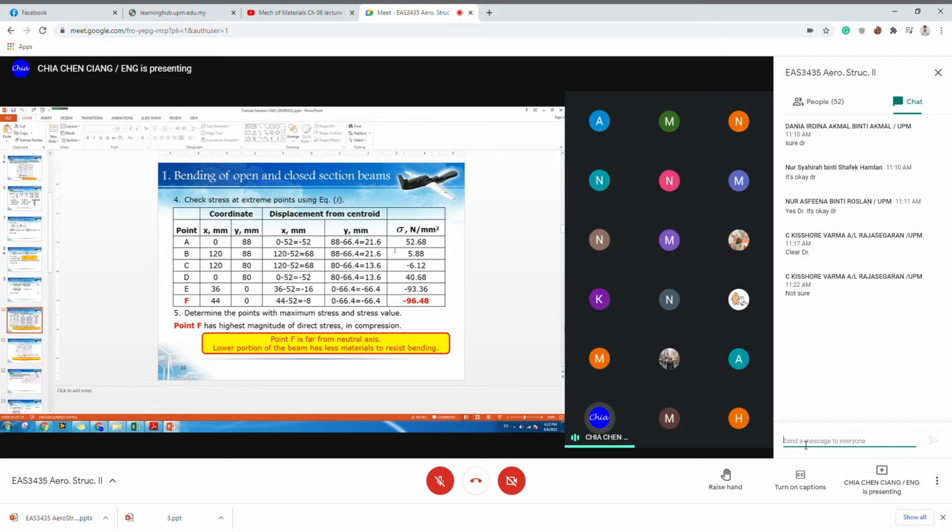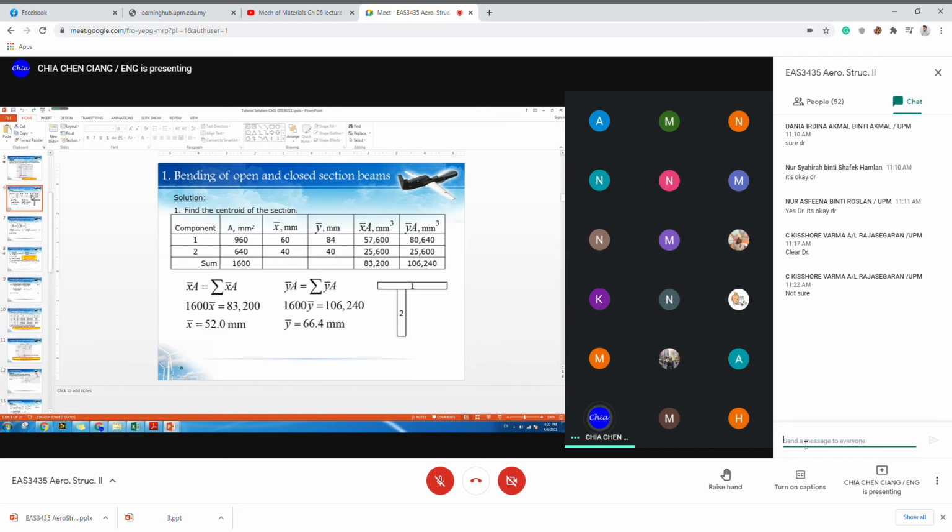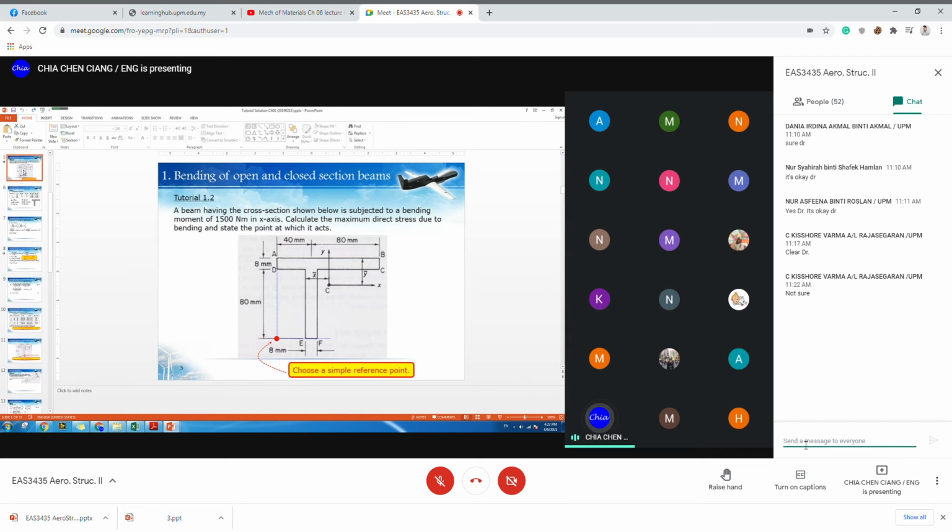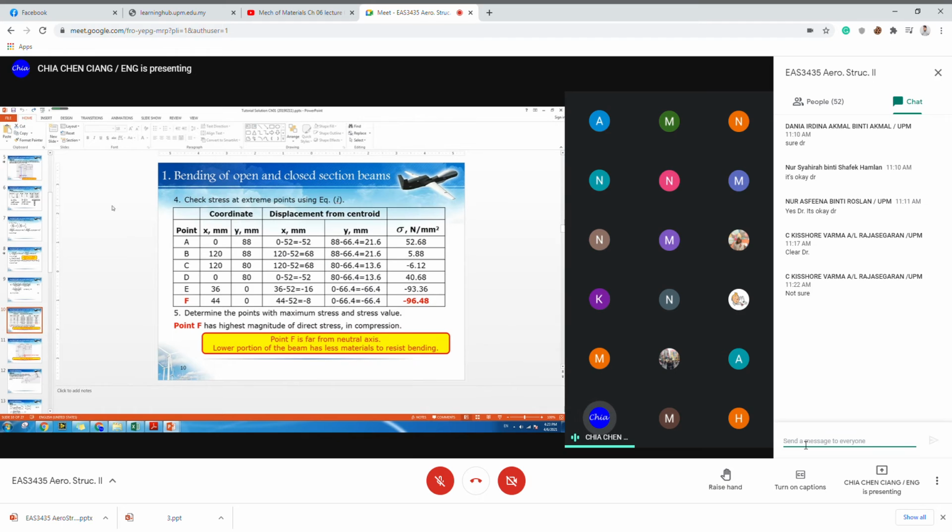This beam is made from a certain type of material that will fail if the stress is more than 80 Newton per mm squared. So my question is, will this beam fail?